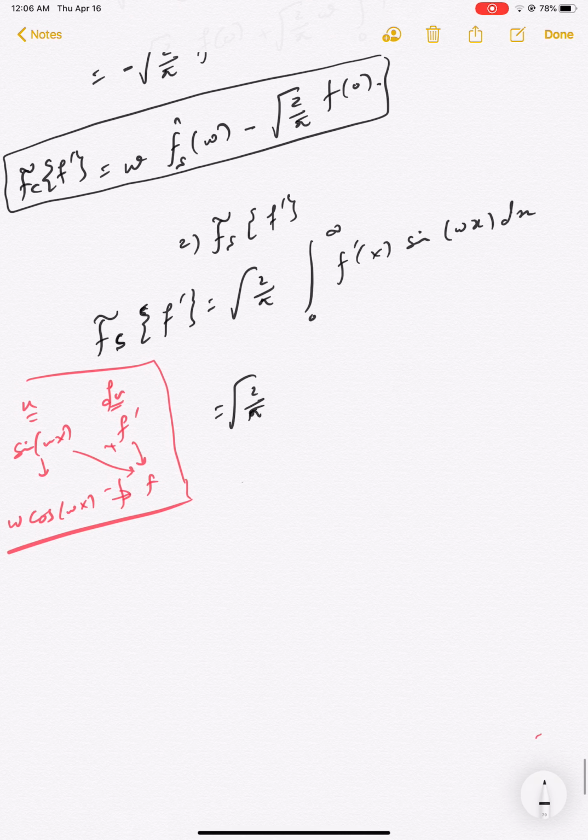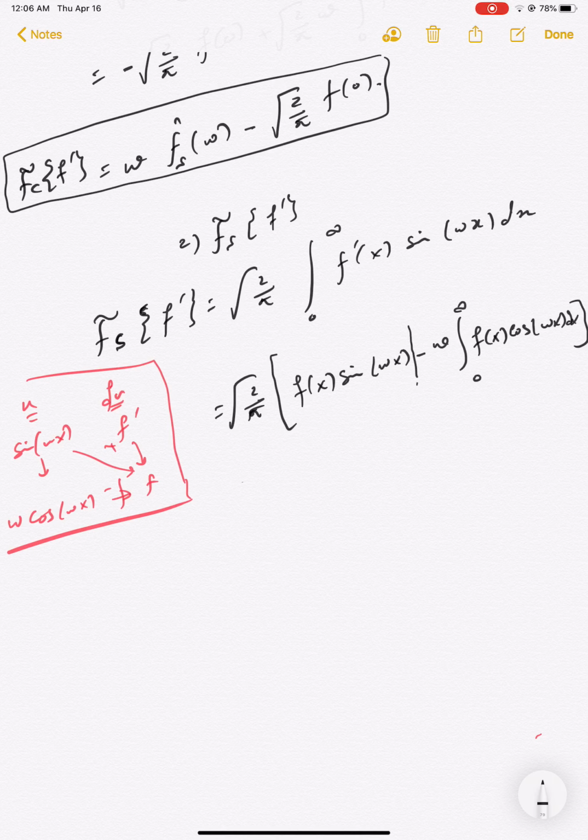If you do the computations, this will be f of x times the sine minus omega integral f of x times the cosine. This is from 0 to infinity, and this is from 0 to infinity. Now, if you substitute the infinity, you will get f of infinity the same as before.